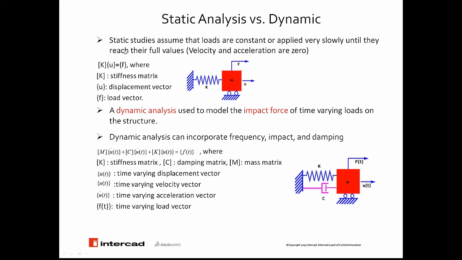The above equation is now modified to M times u double dot of t, meaning the second derivative of displacement times mass, which is MA, plus C, which is damping, one of the most important factors in any dynamic testing, times velocity, plus K, the stiffness, times displacement, all equal to the time-dependent force F of t.